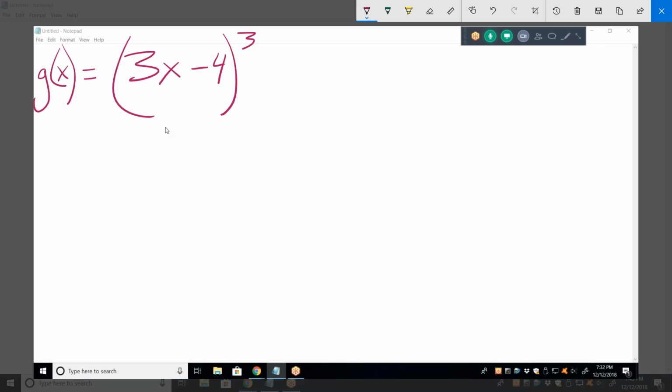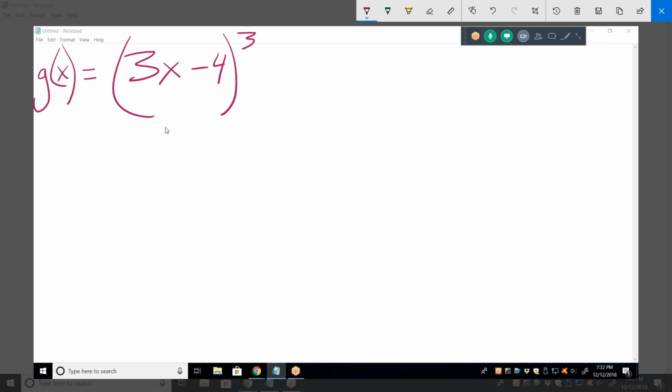Standard form being ax to whatever power, in this case 3, plus bx squared plus cx plus d. In other words, that's what standard form basically is. So what do we have to do here?